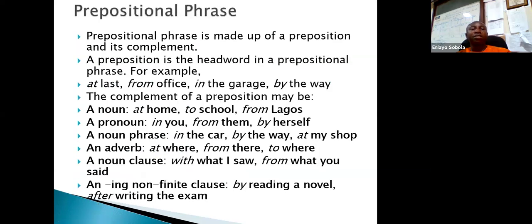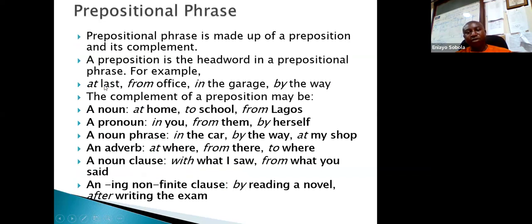And the last one is the prepositional phrase. The prepositional phrase is made up of a preposition and its complement. The complement is crucial in a prepositional phrase. The preposition serves as the head word in the prepositional phrase, while some items can function as the complement. For example, here we have at last.